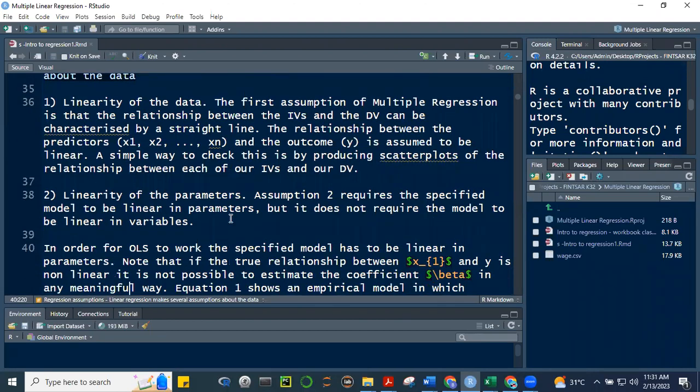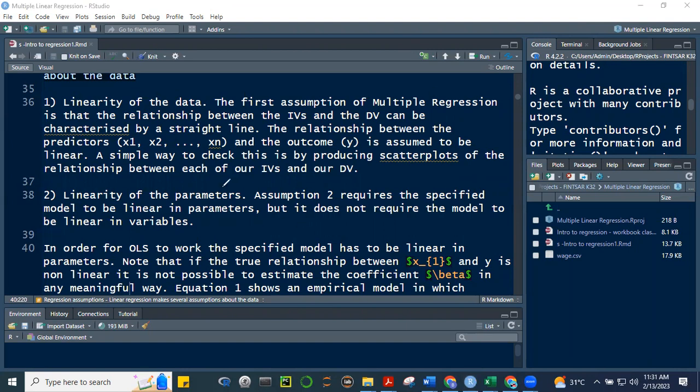Number one, the linearity of the data. What do we mean by that? Linearity of the data means that the relationship between your y and your x has to be linear.